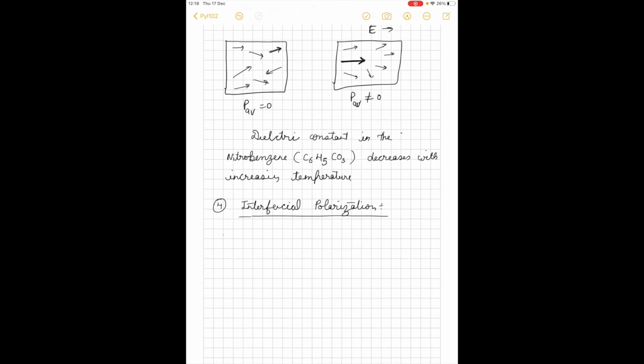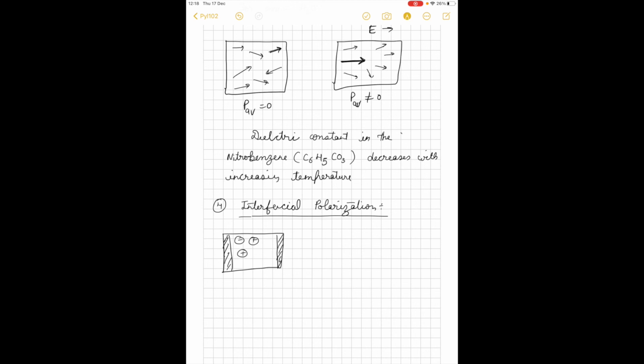So let me give you with the drawing. So for example, let's say here are our electrodes, okay, this one and this one, and these are the charges, if I can show inside.